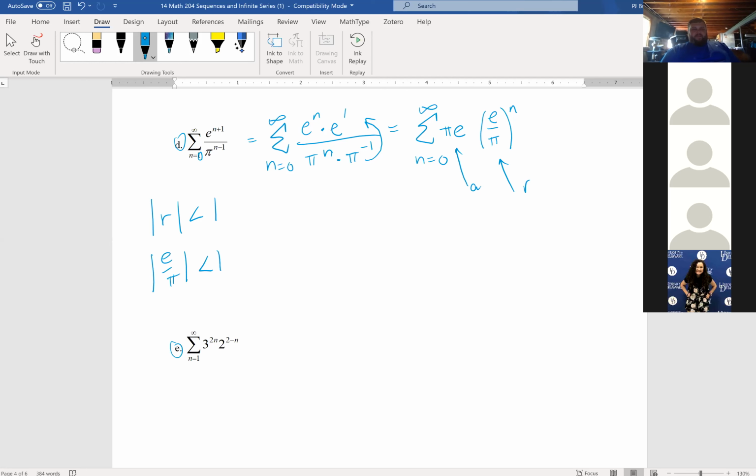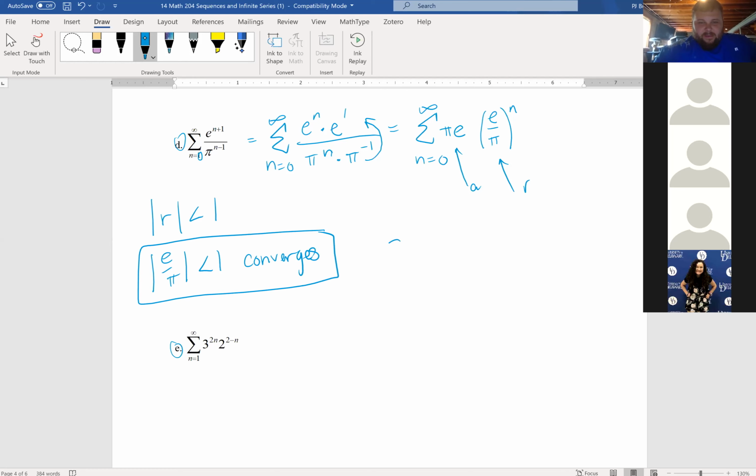All right, e is something like 2.7 and pi is 3.14. So it is slightly smaller than 1. Right, because that's true and that converges.